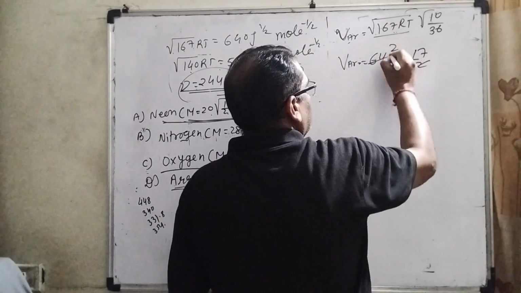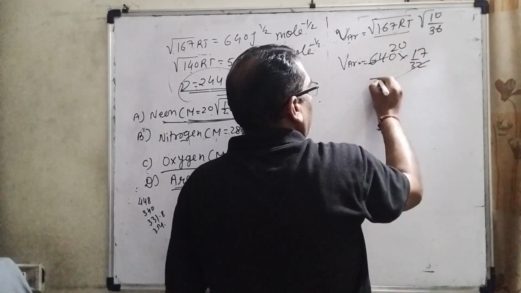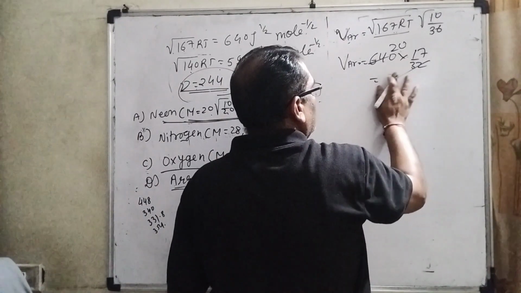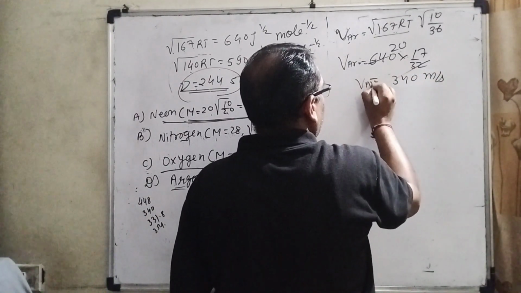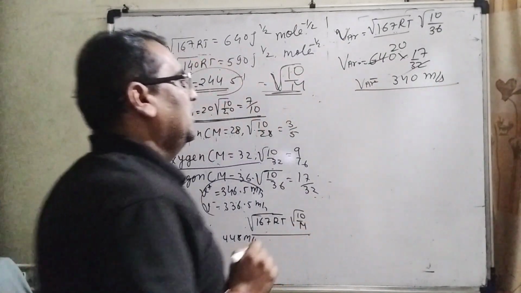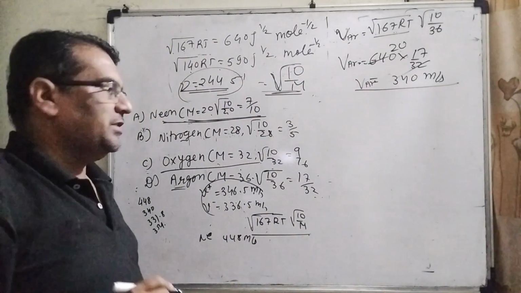So 32 times 20 is 640, and the speed of argon is 340 meter per second.